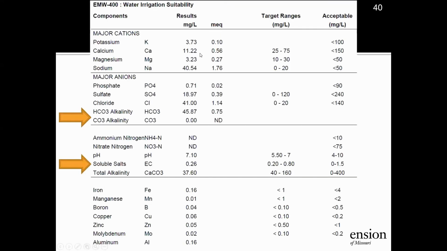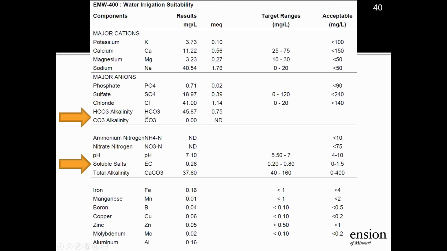So this is just an example of a water test report, and you see it gives you whatever you're testing for on the left side, and then it gives you the acceptable range, or what you want those numbers to be in. But let's look at alkalinity. So alkalinity is reported in a few ways.